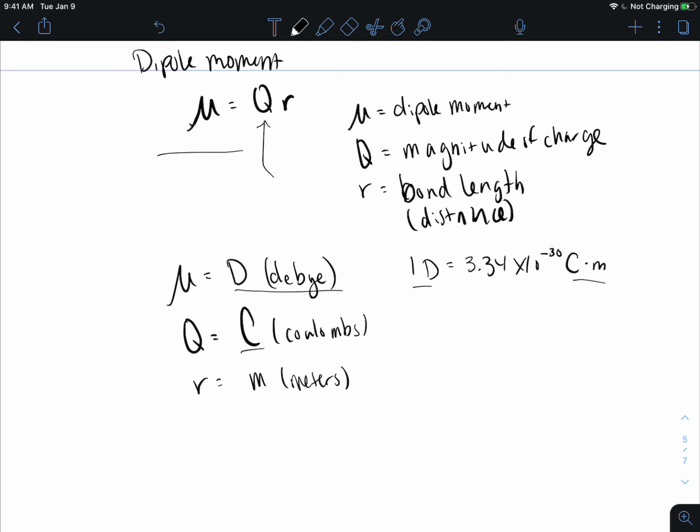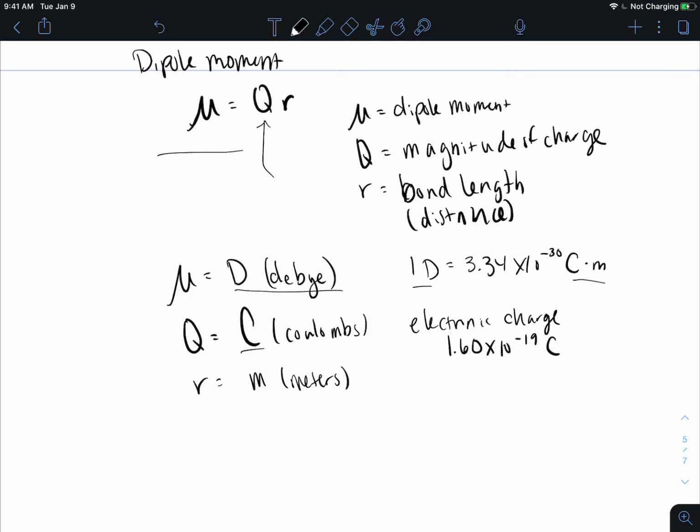The other thing that we will see a lot of times with this equation is the use of the electronic charge. So the charge on 1 electron, or it could also be considered the charge of 1 proton. Just depends on the sign. If you have a negative, it's an electron. A positive is the proton, but I'm just going to give you the magnitude of it, which is 1.60 times 10 to the negative 19 coulombs.